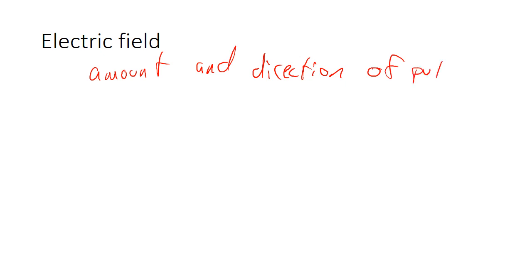So an electric field is the amount and direction of pull per charge in a space. Okay, so here's the deal. That's the definition. If you looked it up online, you'll find something akin to that.